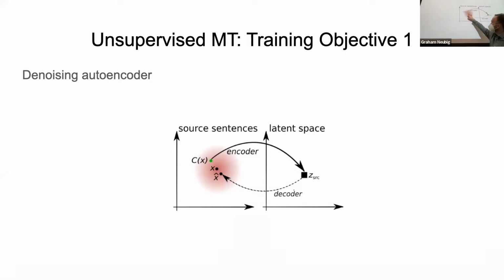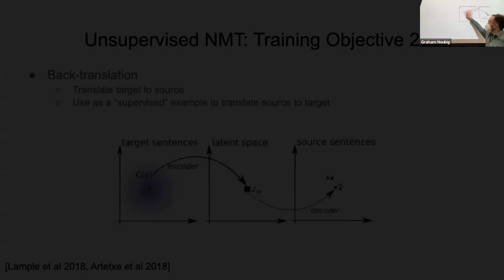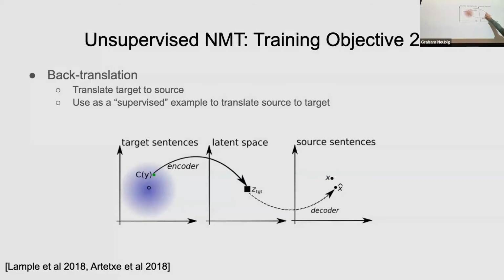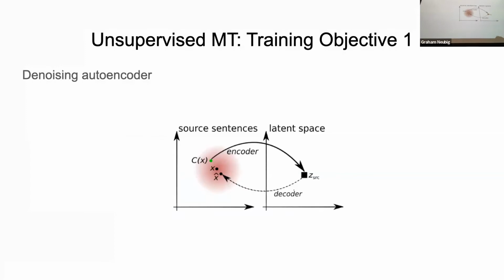We corrupt it according to this corruption function C. So we move X into some other place, CX. We map it into a latent space, and then we try to regenerate the original X. I'll give an example of this in a moment.